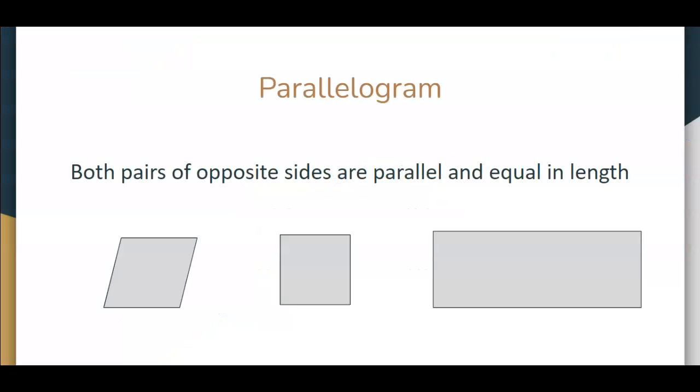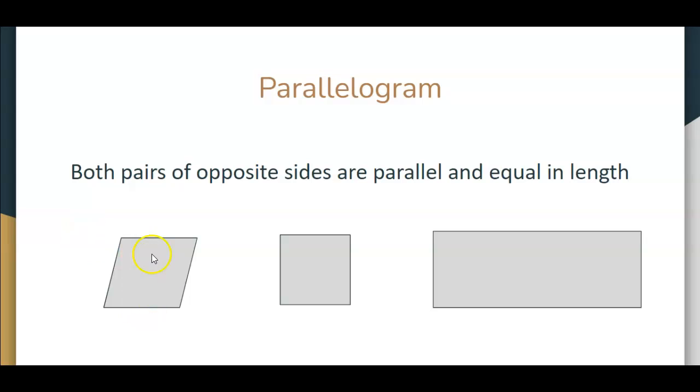So the first word is a parallelogram. Keep in mind parallel means two lines that never meet, right? So parallelogram, the definition is both pairs of opposite sides are parallel and equal in length.